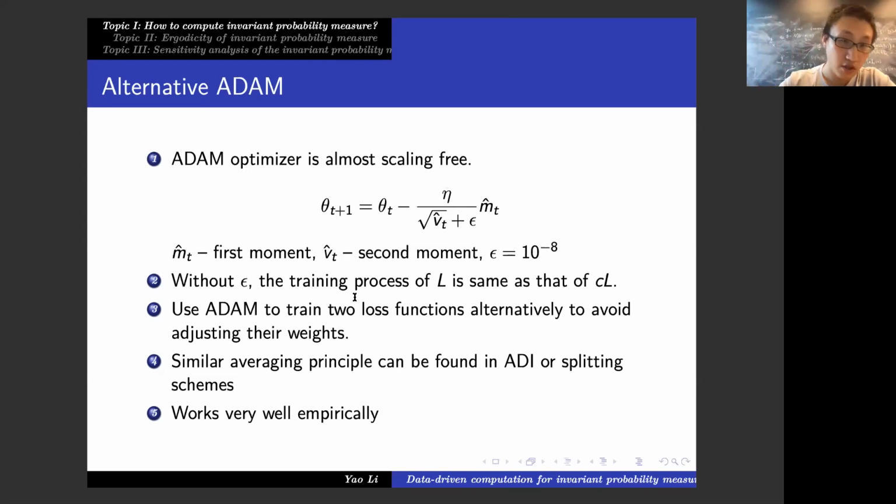This is called the alternative Adam. I think this is not really new, because it's a similar kind of averaging principle. You can find it in ADI, in Strang, and in splitting schemes. We do not really have a theoretical foundation for now. We are still working on that, still trying to understand what it is converging to. But it works very, very well empirically.